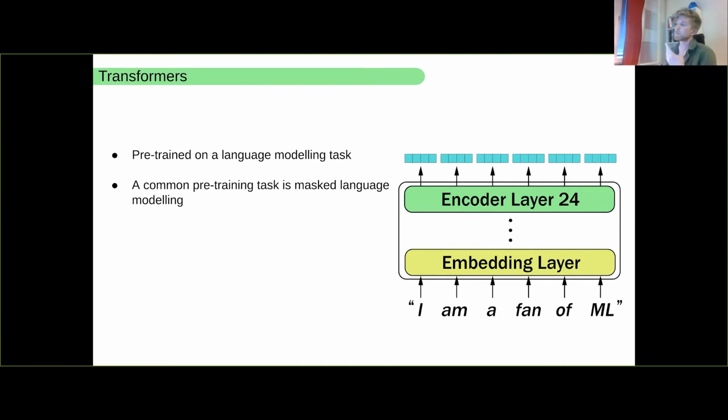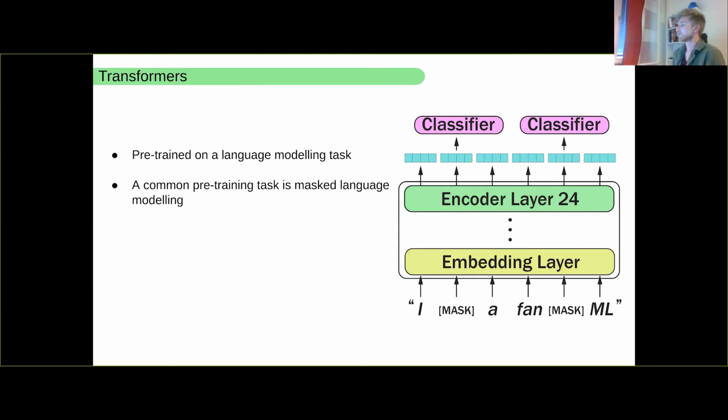There exist a lot of variations in these models, like RoBERTa, BERT, XLNet, GPT, and so on. But a very common thing that people do is what's known as masked language modeling. Here we have a sentence: I'm a fan of ML. We're then going to mask some of these words and pass them through the model.